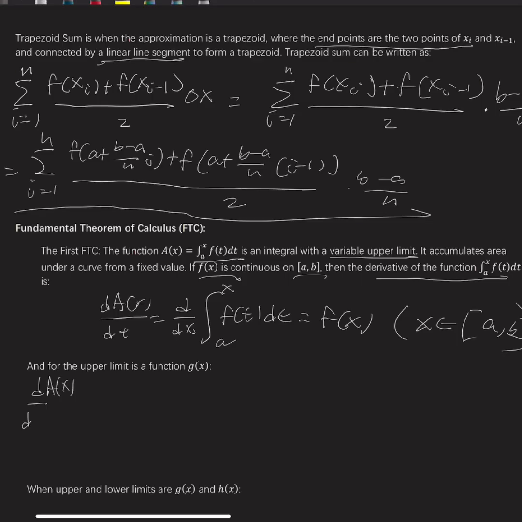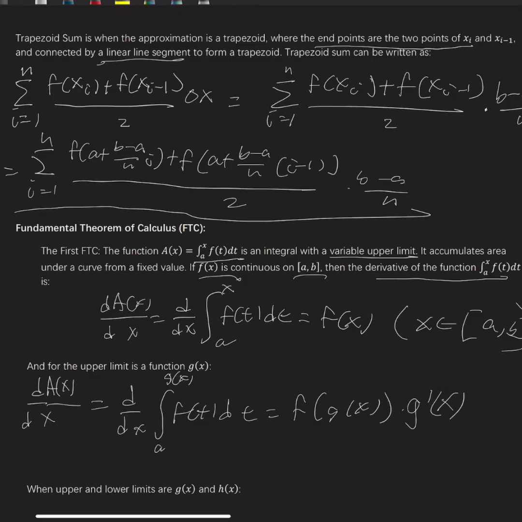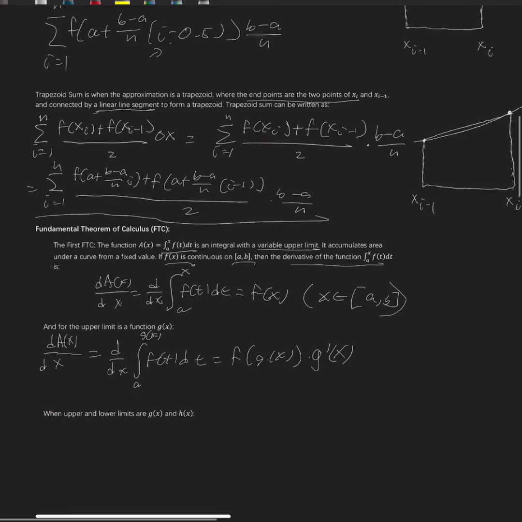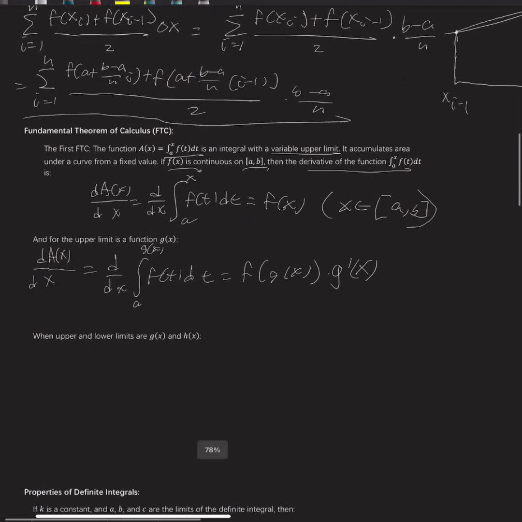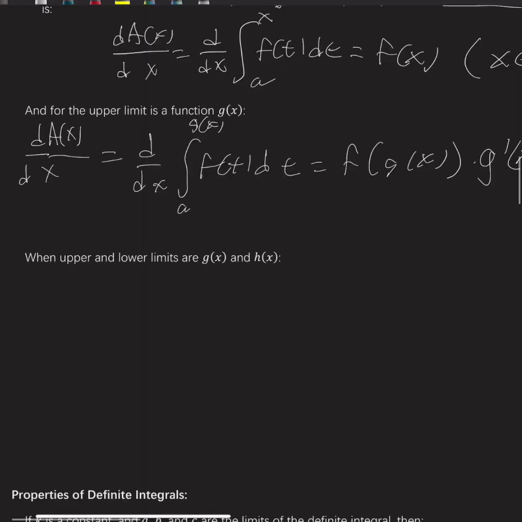And if your upper limit is g of x, then the derivative dA of x over dx, which is the derivative dx of the integral from a to g of x of f of t dt, is equal to, we need to apply the chain rule here, f of g of x multiplied by g prime of x. And what happens when the upper and lower limits are both functions?